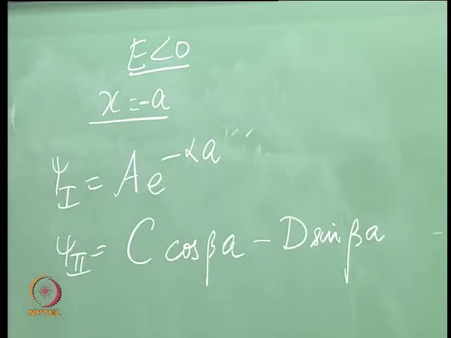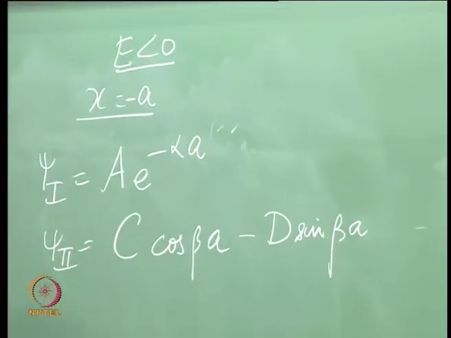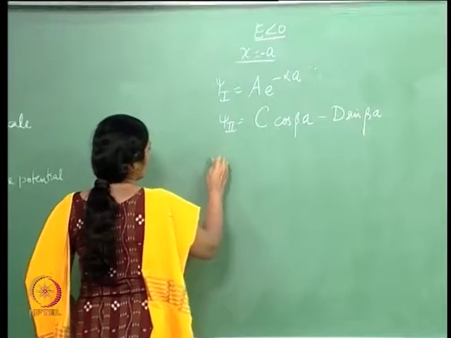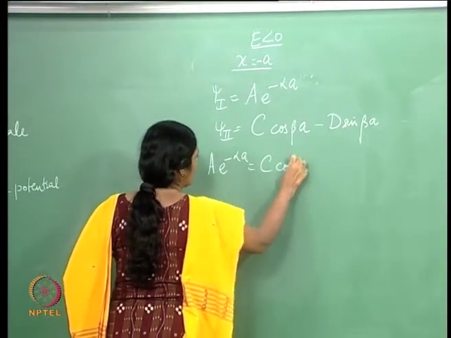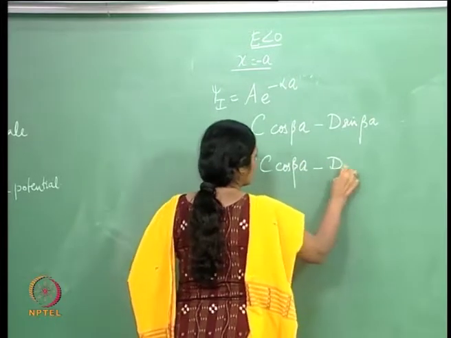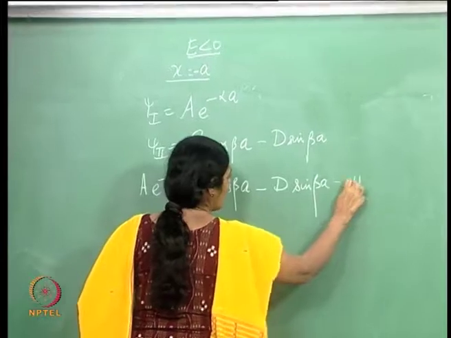This is what I have at x equals minus a. I have to match both of them. So A e to the minus alpha a is C cos beta a minus D sin beta a. So this is one equation that I have.